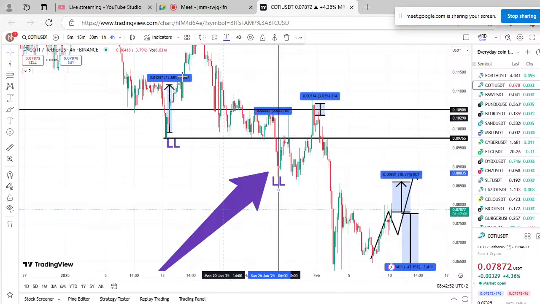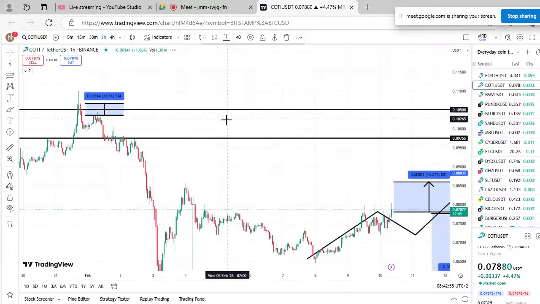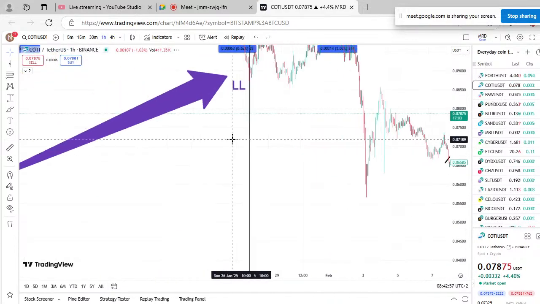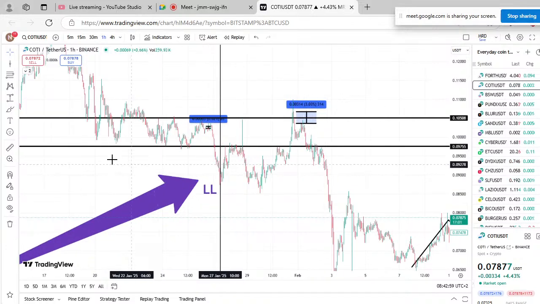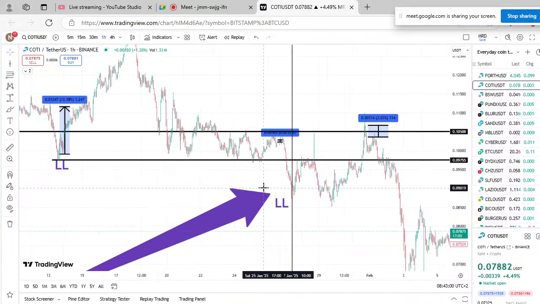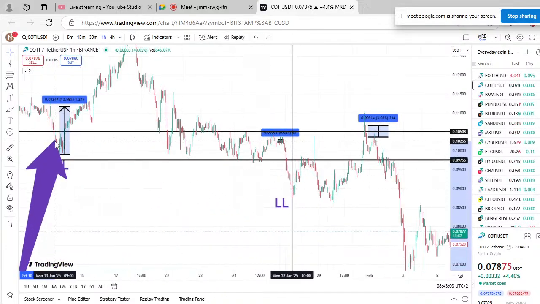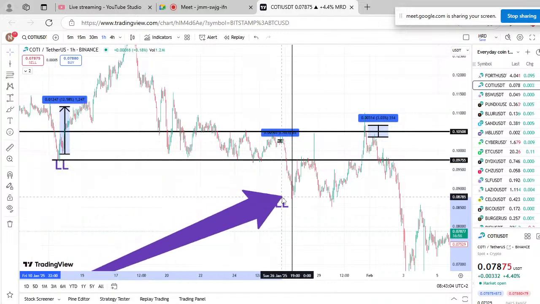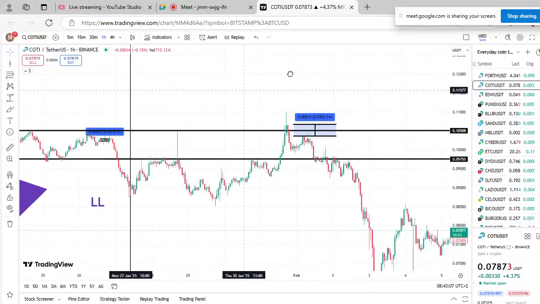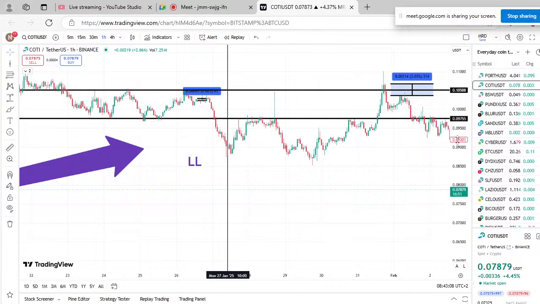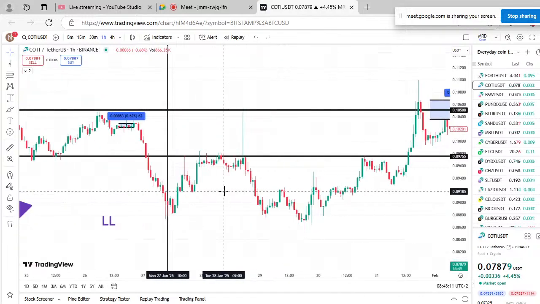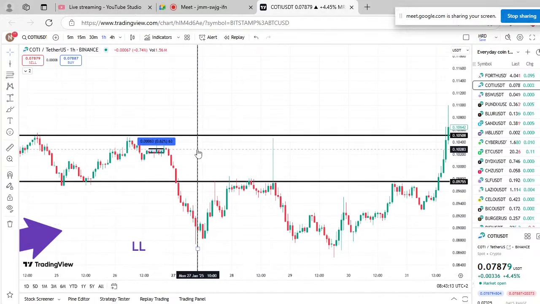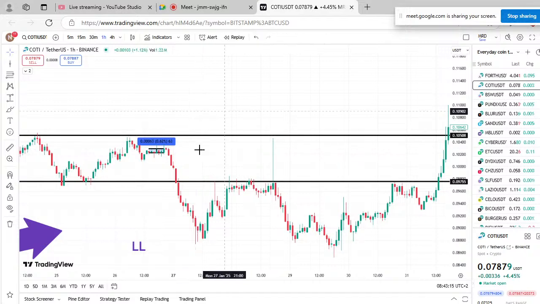Then we go to 1 hour, and we see what was the reaction there. There we go. Our entry 1 was here. Now we are here. Let us look at this point. I increase. I want you to watch very well. I remove this vertical line.